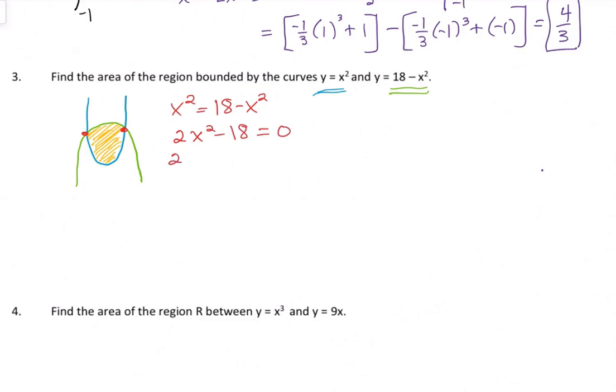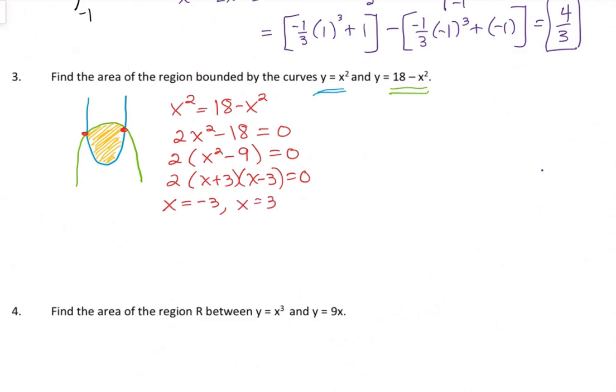And I can factor out a greatest common factor of 2. And then I can factor that as the difference of two squares. And that will give me my two limits of integration, -3 and +3.